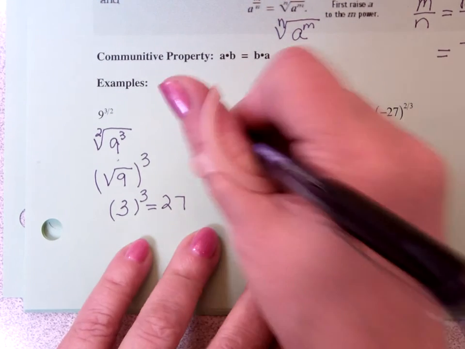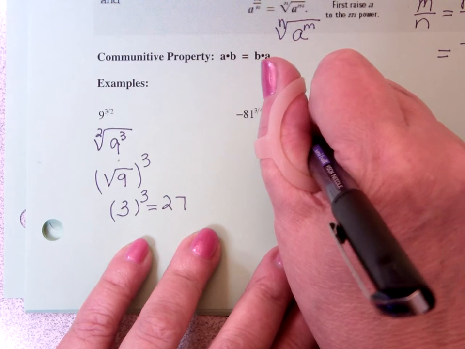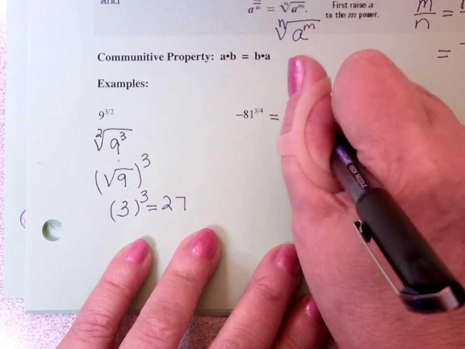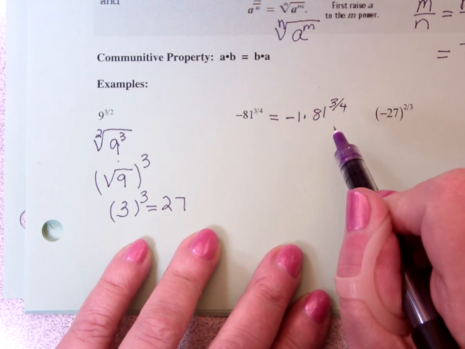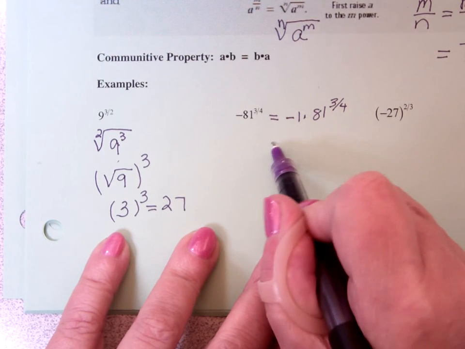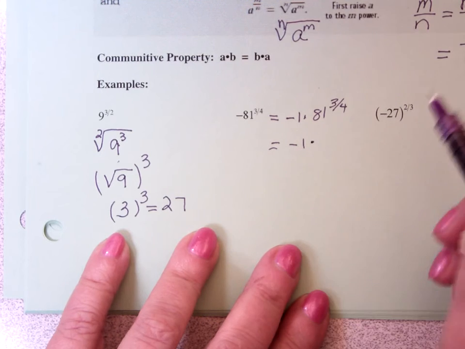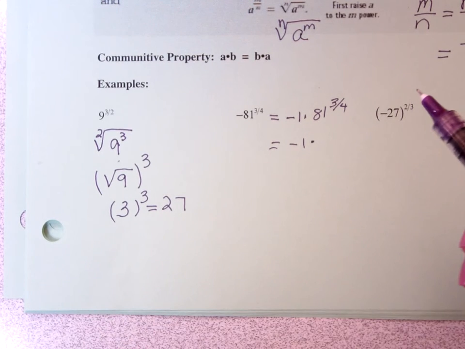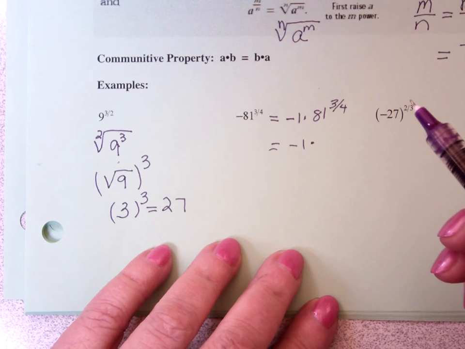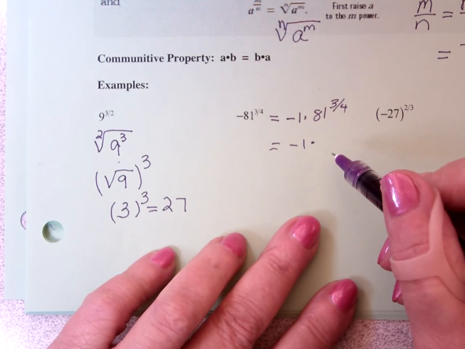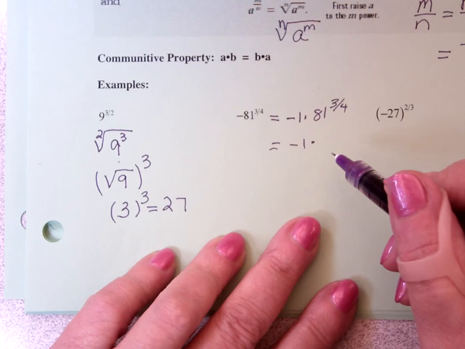So, this says negative 1 times 81 to the 3/4 power, which is negative 1 times, now I could write this as the 4th root of 81 cubed. But is 81 a perfect 4th? Yes, take a look down the powers table.